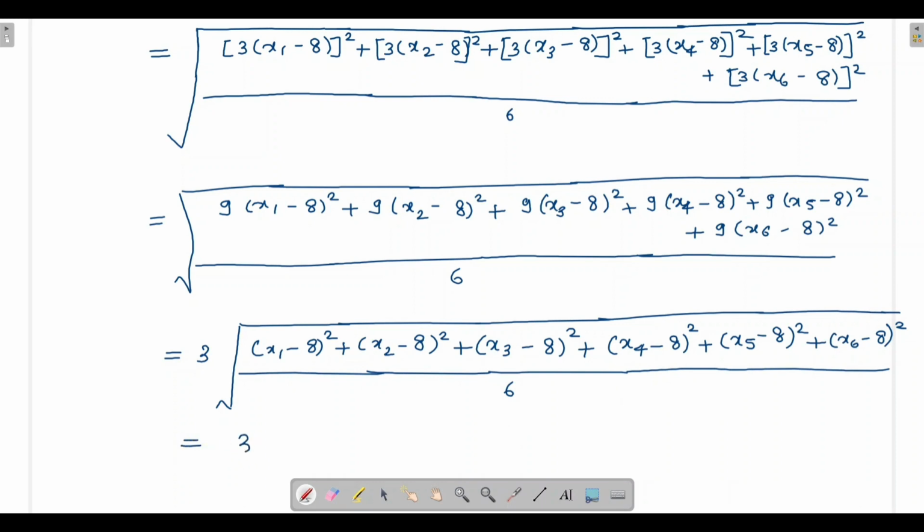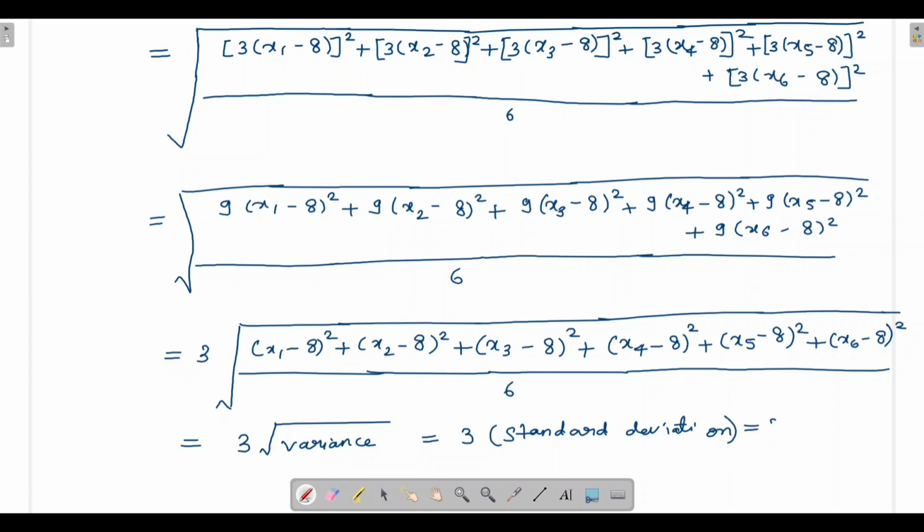So this is nothing but 3 times the root of the original variance, that means 3 times the standard deviation.